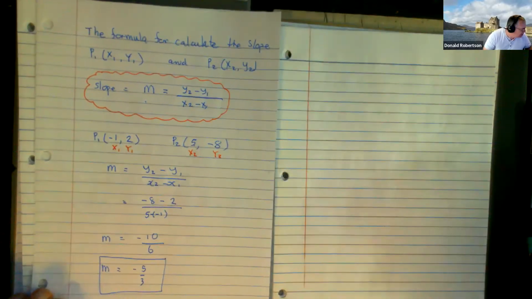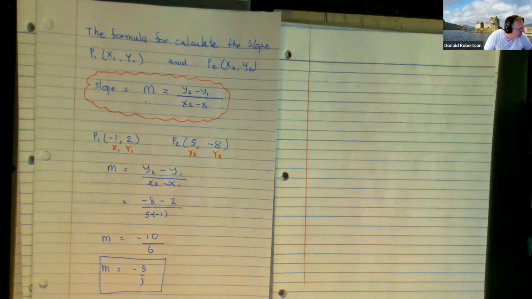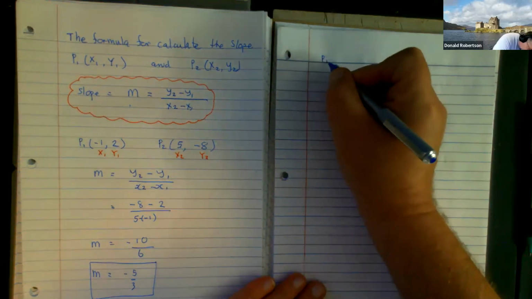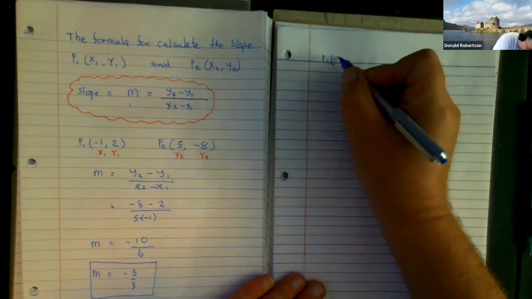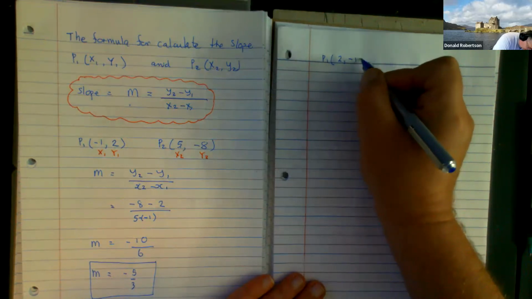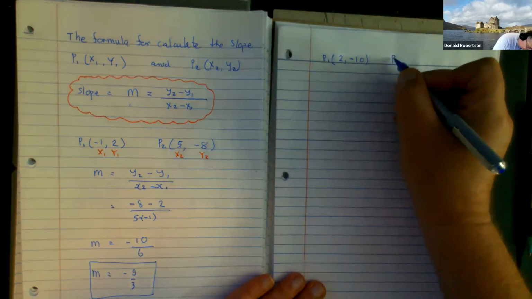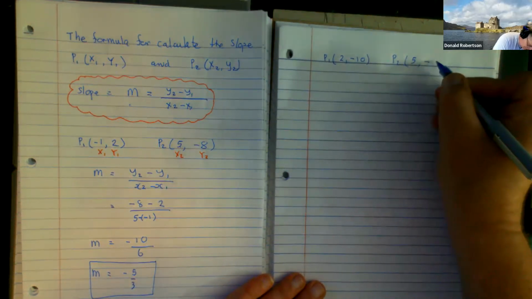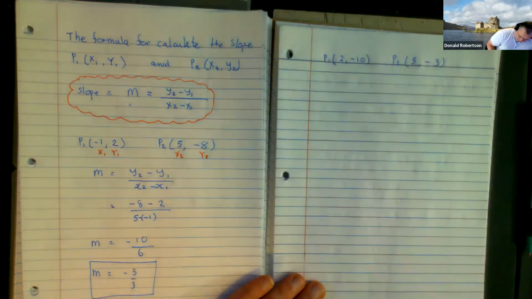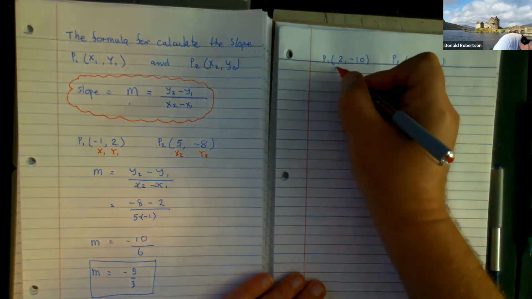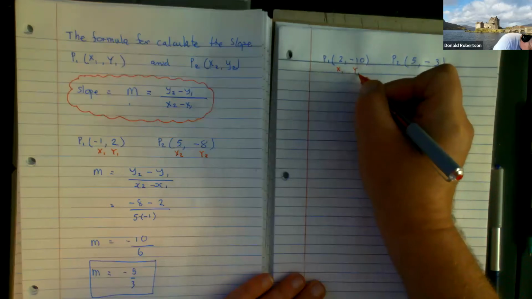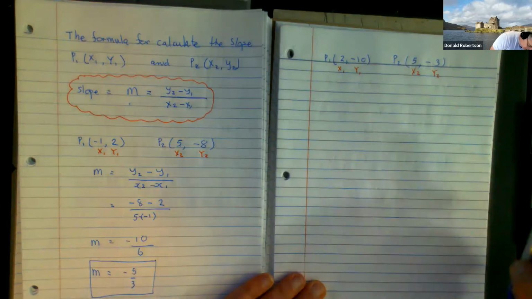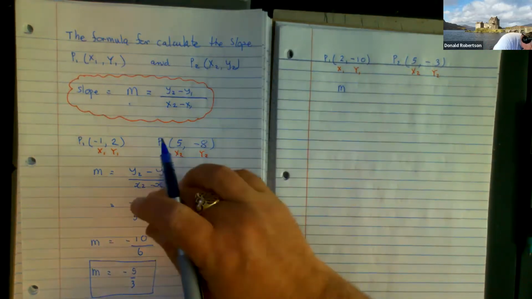So let's try another example, just so we can practice. Let's suppose that P1 was the point 2, -10, and P2 was the point 5, -3. I'll call that guy x1, y1. I'll call this guy x2, y2. And now I'll calculate the slope by using our formula.